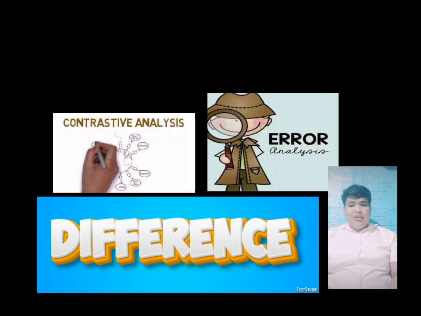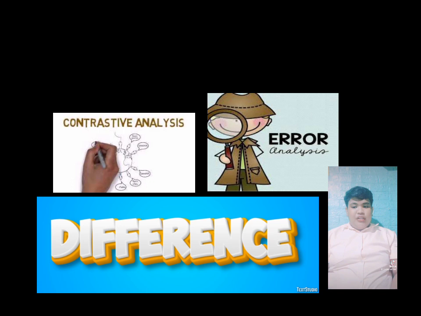Contrastive analysis and error analysis are two key approaches in second language acquisition research, both of which aim to understand the cognitive processes involved in language learning. Contrastive analysis is concerned with comparing and contrasting the patterns and structures present in the first and second languages, while error analysis is focused on identifying and analyzing the mistakes made by language learners.